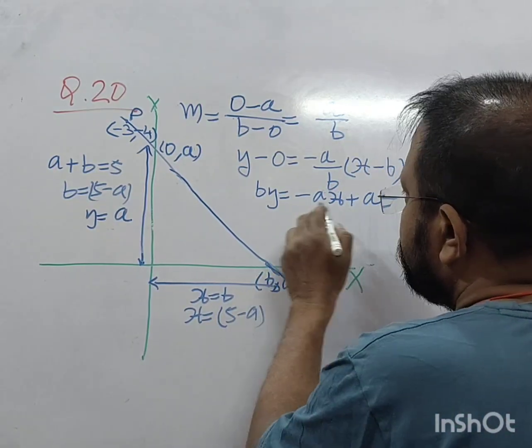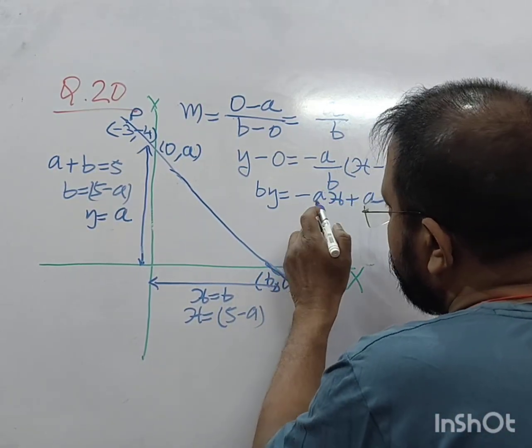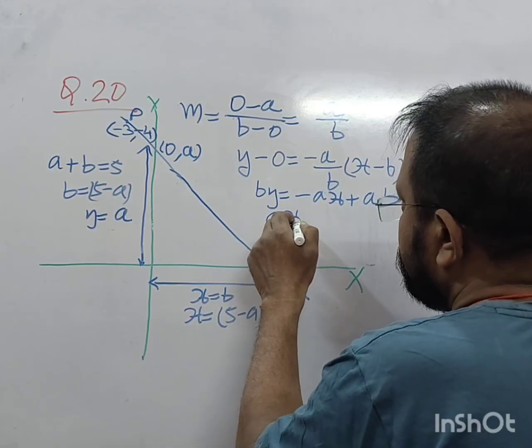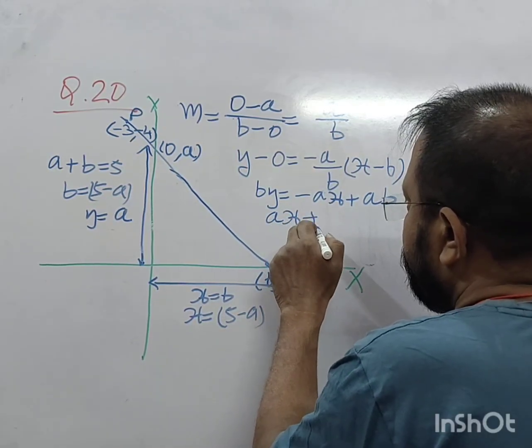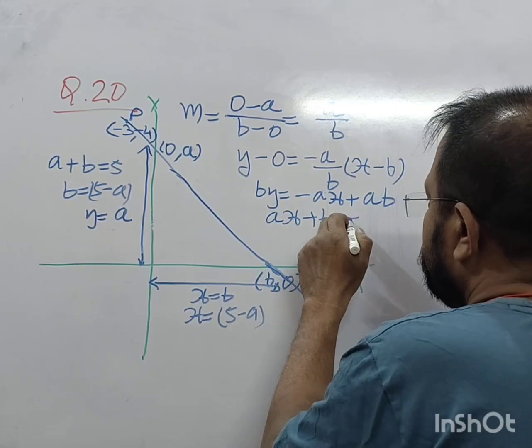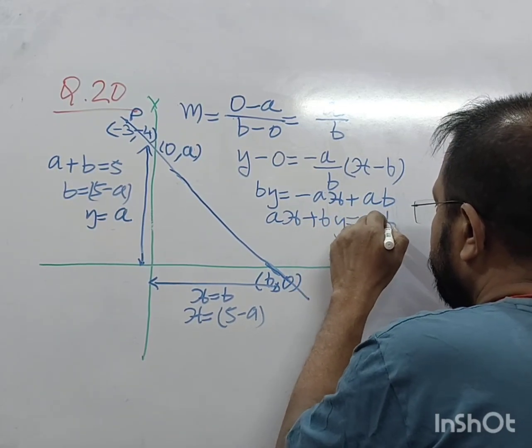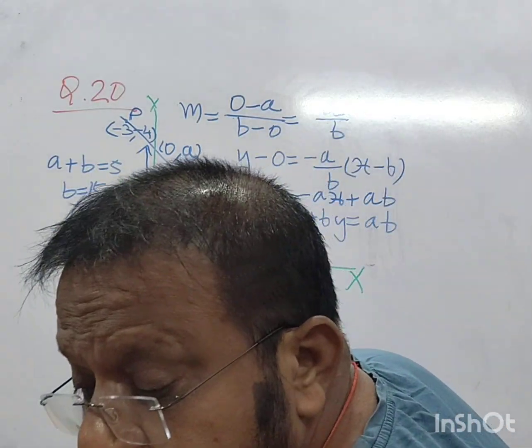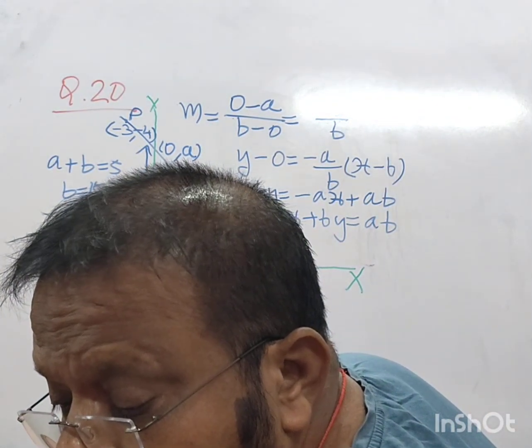So we can write Ax plus By is equal to AB. This is one equation we get.